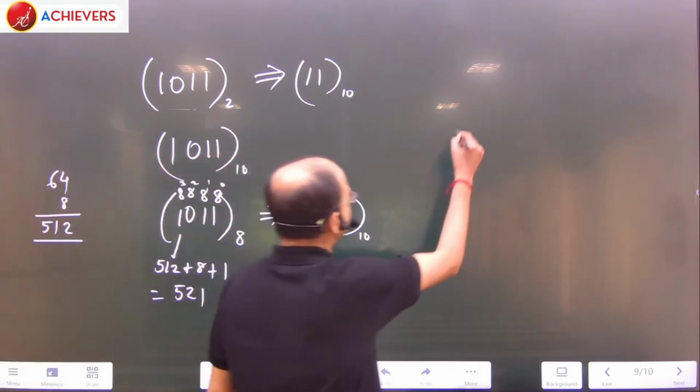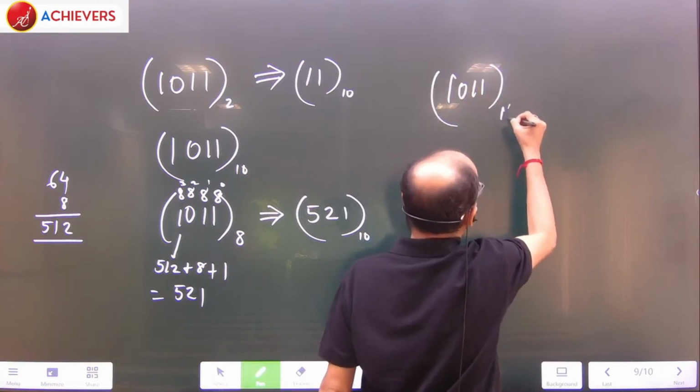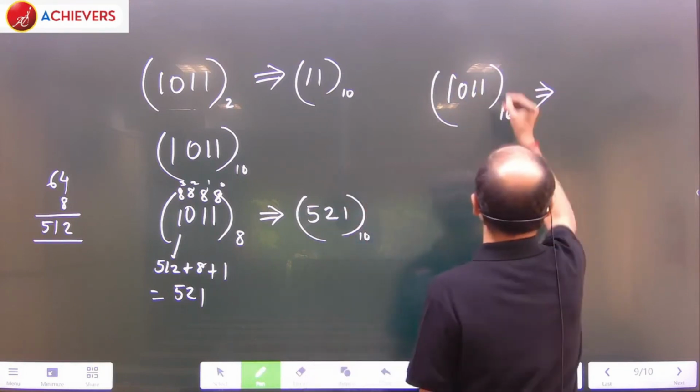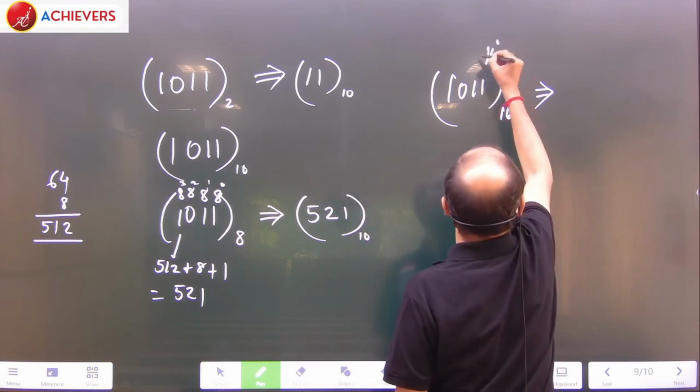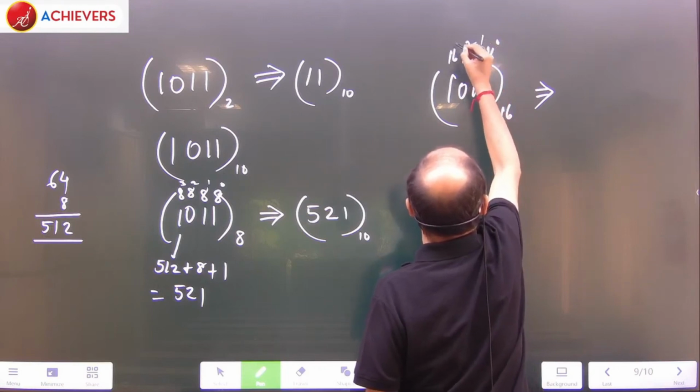And when we represent 1011 based on 16, that will be a huge number, representing 16 to the power 0, 16 to the power 1, 16 to the power 2 and 16 to the power 3.